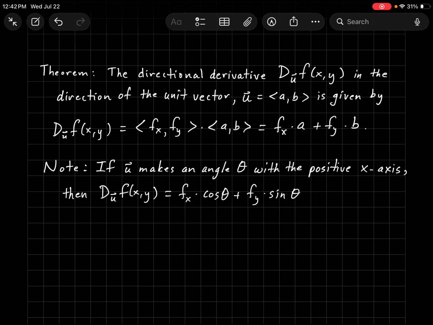Suppose we have a directional derivative in the direction of a unit vector, a b. Then the directional derivative is given by the dot product of our vector of partials with the unit vector. And if we were to write that out, we would get partial of f with respect to x times a plus the partial of f with respect to y times b.